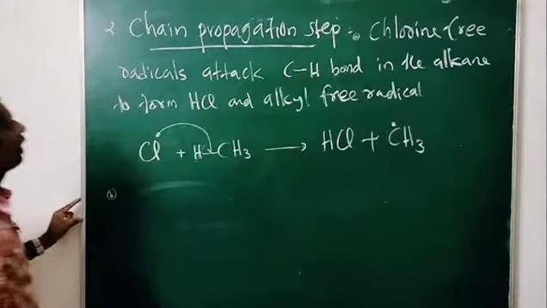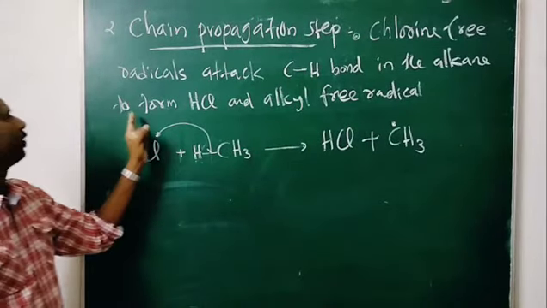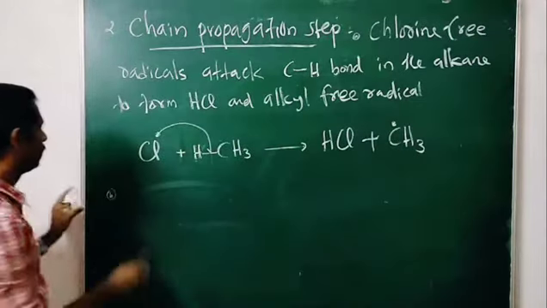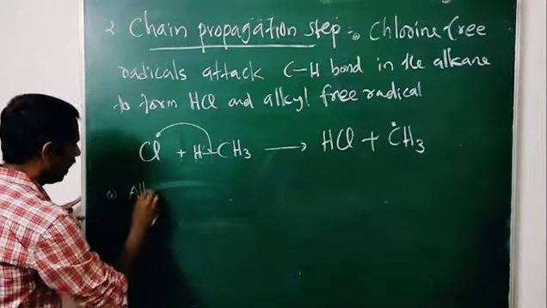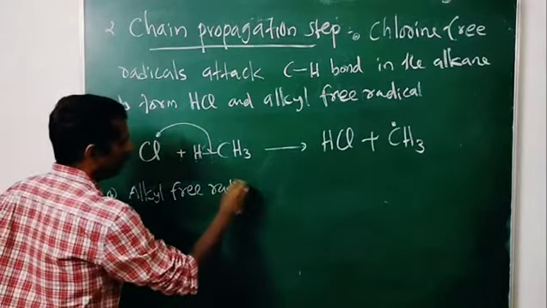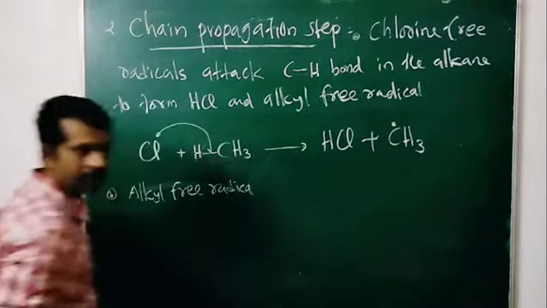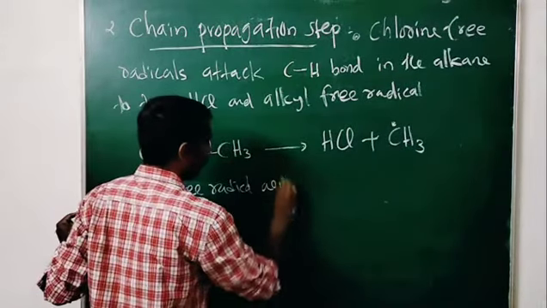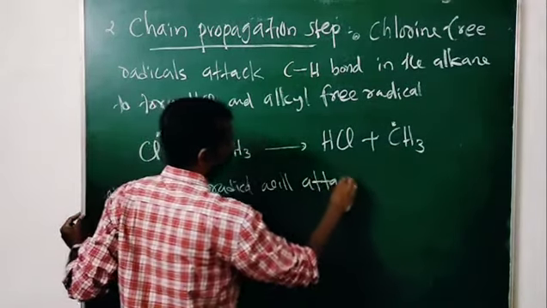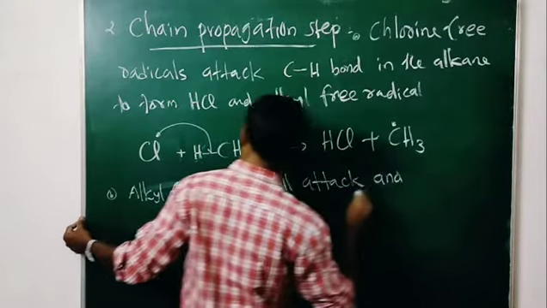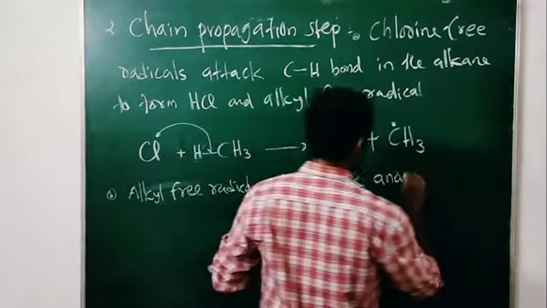Chlorine free radicals attack the C-H bond to form HCl and alkyl free radical. B. Alkyl free radical. That means this methyl free radical, or generally an alkyl free radical, will attack another chlorine molecule.